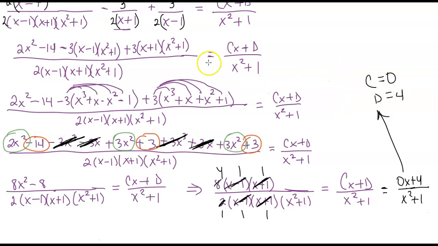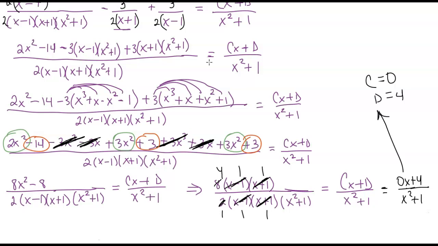Now, this was a bit of a process, but I did want to show you that because this is a technique that we use. For this particular problem, it really just kind of depends upon how comfortable you are with the different methods.